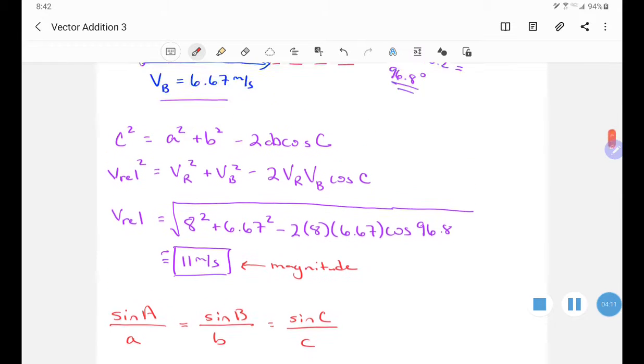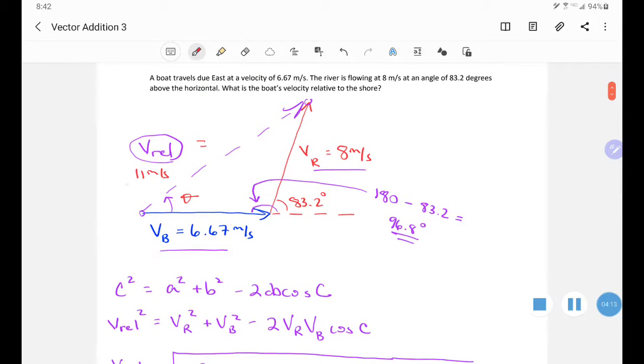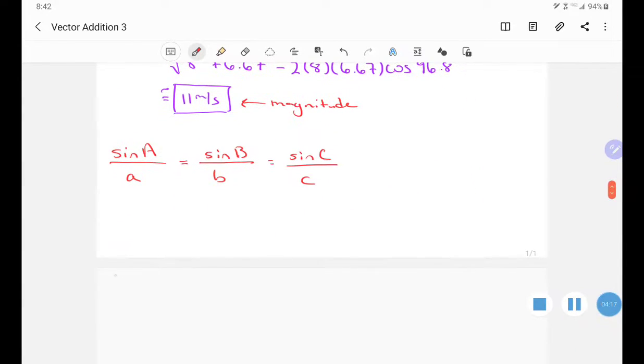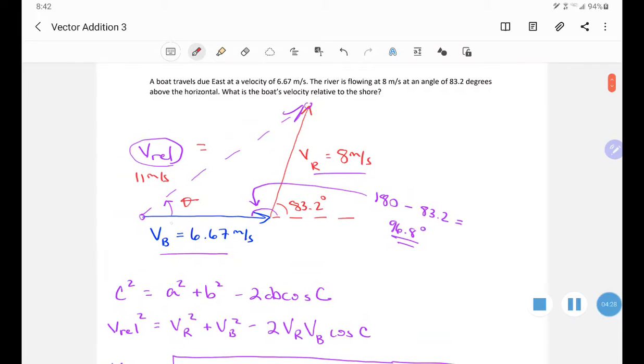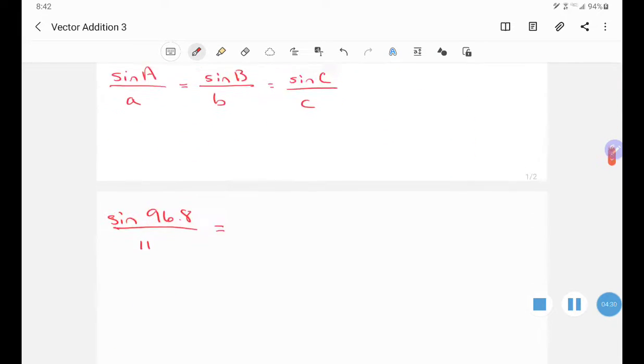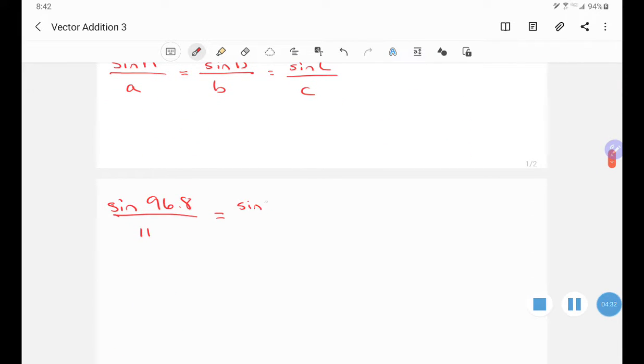So in our case, we are going to start with our given, which is sine of 96.8 over 11 equals the angle that we need, so that is sine theta, over 8.